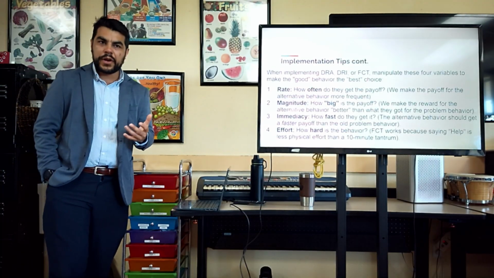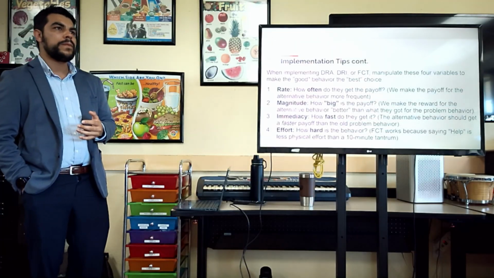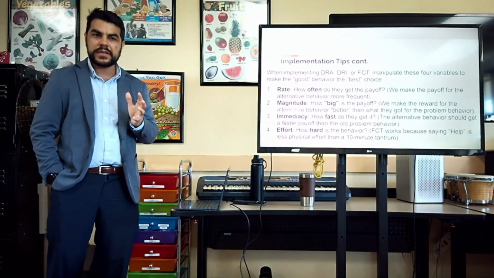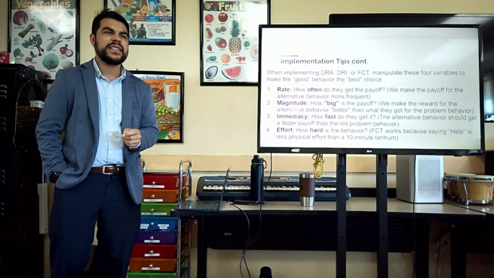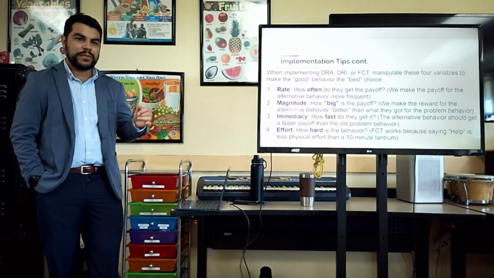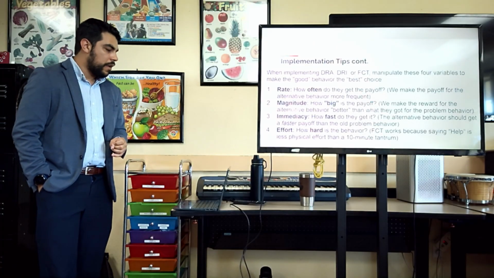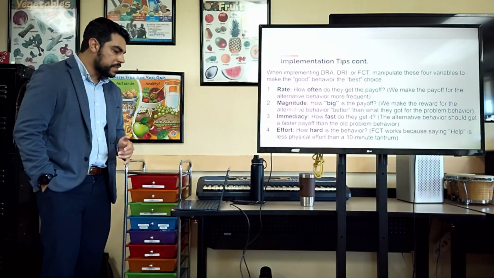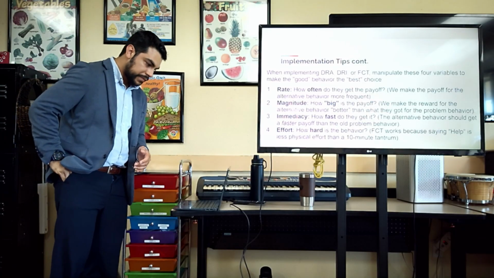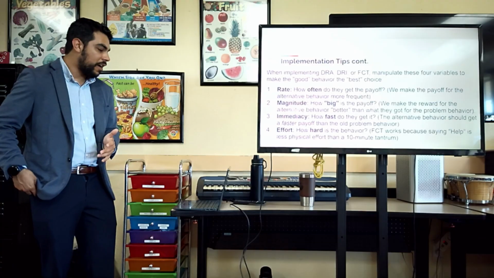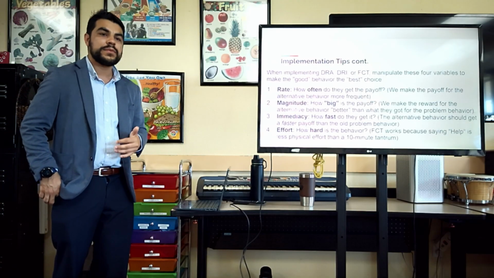There are 4 variables we considered, and when we briefly talked about reinforcement, I think back in November, we were highlighting some of these dimensions, but I think it's useful to look at them in the context of differential reinforcement and the matching law. So rate, how often the behavior gets reinforced.